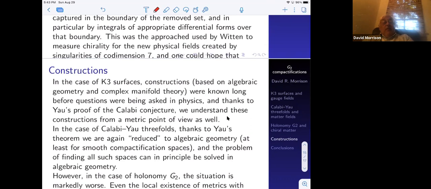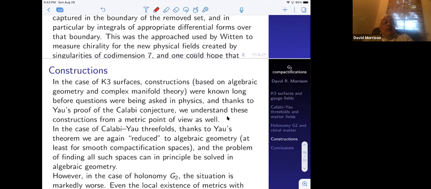For Calabi-Yau 3-folds, Yau's theorem reduces the study of Calabi-Yau 3-folds to algebraic geometry. Every Calabi-Yau 3-fold has an underlying algebraic variety, in fact, a projective variety. And Yau's theorem guarantees that appropriate Ricci flat metrics exist on such projective varieties.